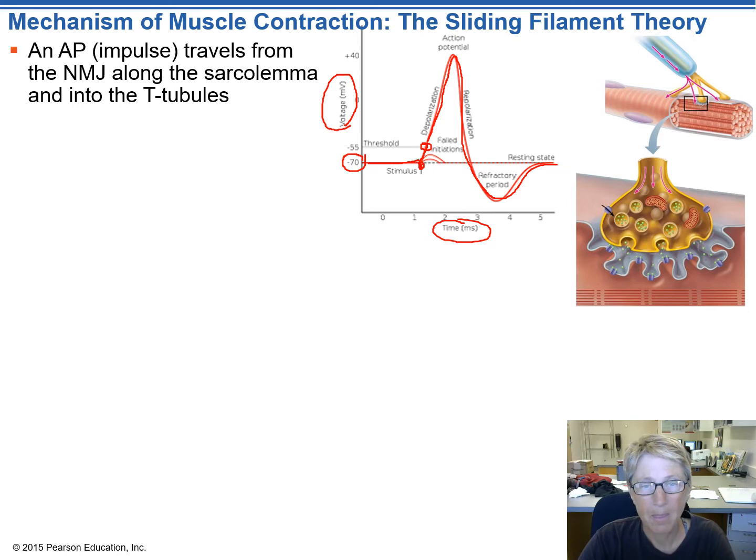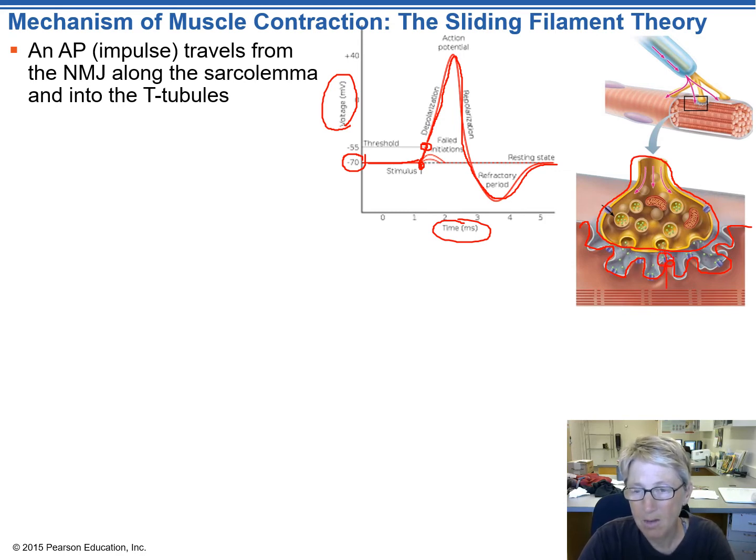The action potential travels from the neuromuscular junction. This is a cartoon of the neuromuscular junction. We did a video on that. This is an axon terminal in yellow, and here are the folds of the phospholipid bilayer of the muscle cell. From the axon terminal, you release acetylcholine. It opens the ligand-gated sodium channels.